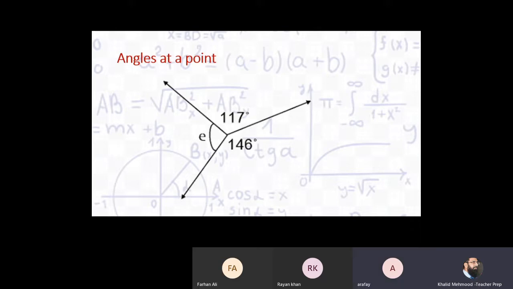Now, try to do this. Could anyone tell me about this value?